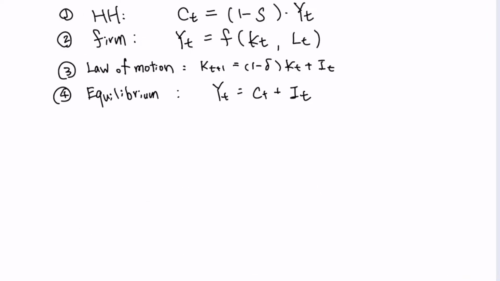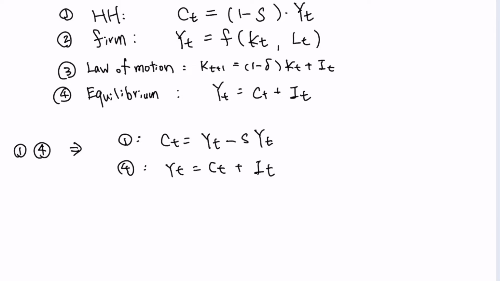Now let's take a look at these 4 equations in detail again. What we have here is that we combine the first and the fourth equation. From the first equation, we know consumption is the output minus a fixed portion of the output, and the fourth equation tells us whatever amount is produced needs to be either consumed or invested.